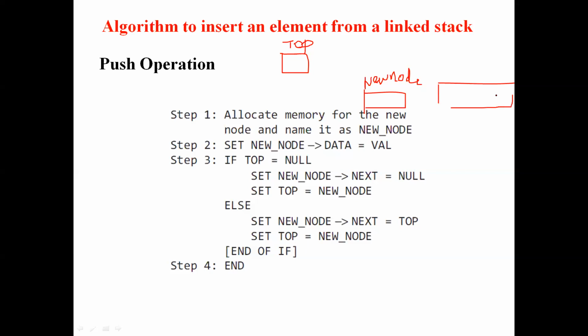The get node function gets the value from the user, for example 10, and the next field will be assigned null, because we are only now creating the new node.